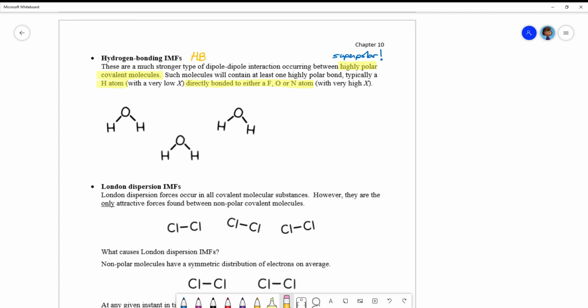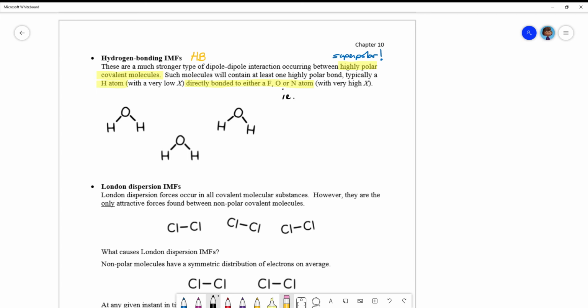And so delta chi, the difference in electronegativity, is going to be really, really large for either one of those bonds. And that gives us that really highly polar bond, making our polar molecule not just polar, but superpolar. So just to make sure that you understand what I mean by this, our polar molecule has got to have either a hydrogen-fluorine bond or a hydrogen-oxygen bond or a hydrogen-nitrogen bond to be considered superpolar and have hydrogen bonding intermolecular forces.